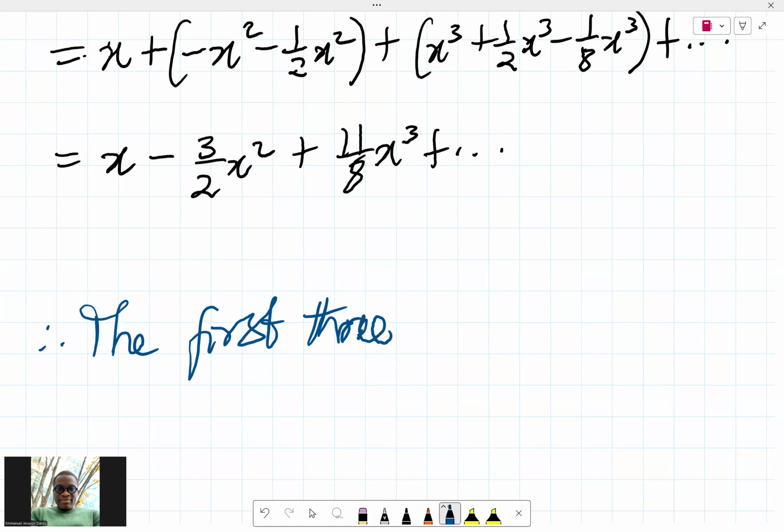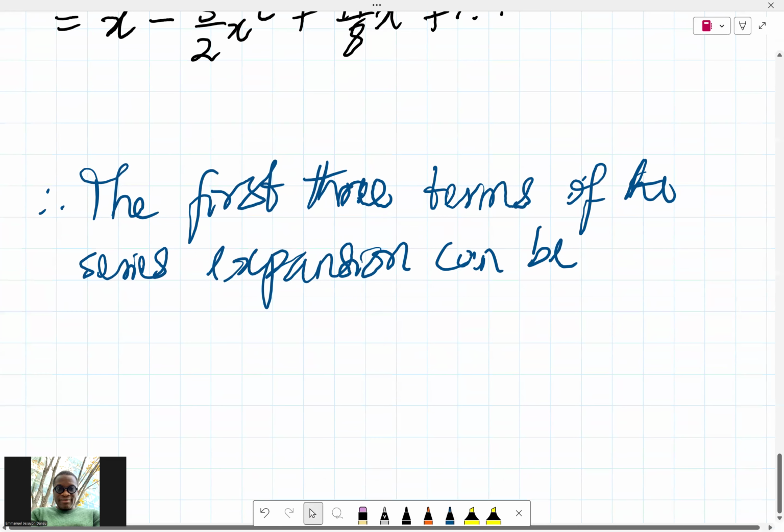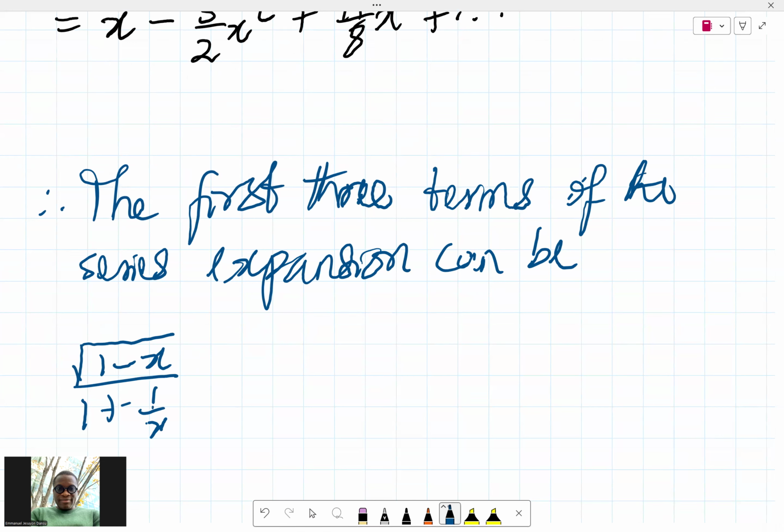So the first three terms of the series expansion of the square root of 1 minus x all over 1 plus 1 over x, this is what we started with, is equal to x minus 3 over 2 x squared plus 11 over 8 x cubed plus all of that.